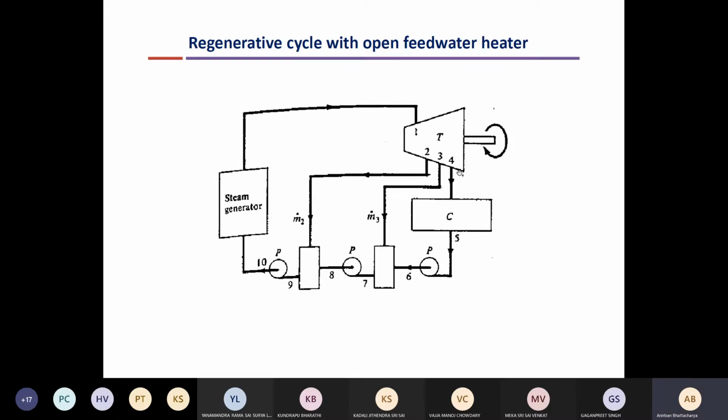Just copy pasted from the book by El Wakil. So you can see that. So if we start considering the cycle from the turbine inlet, the steam enters the turbine inlet at very high pressure and temperature, that we know. Okay, say the state is 1.